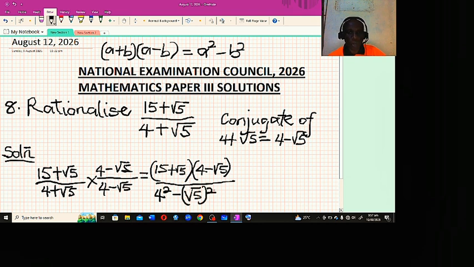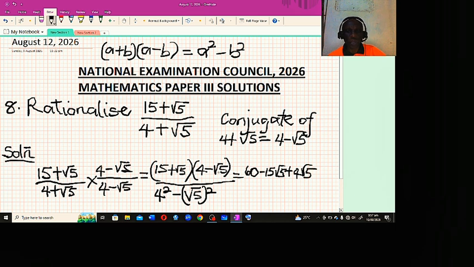If we expand the numerator, 15 multiplied by 4 gives us 60. Then 15 multiplied by negative root 5 gives us negative 15 root 5. Root 5 multiplied by 4 gives us 4 root 5.